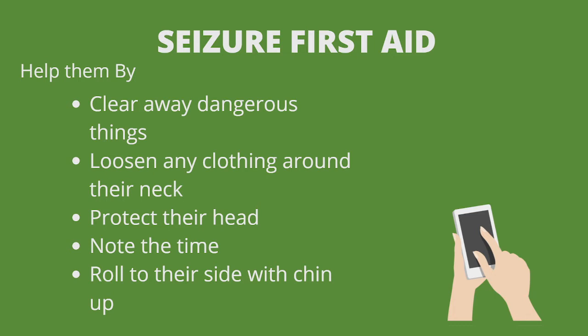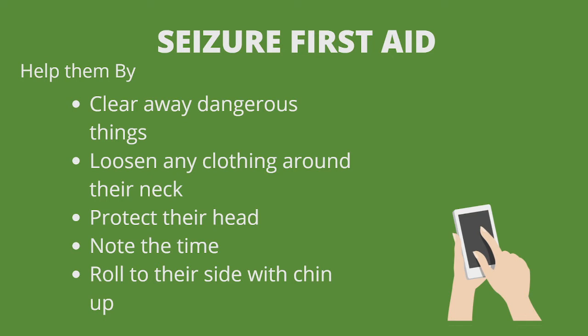Now, witnessing a seizure can be frightening, but knowledge of seizure first aid can save someone's life. So you can help them by the following. Clear away dangerous things like sharp objects or hot liquids around them. Loosen any clothing around their neck, such as a tie or a scarf, or undo the buttons of the shirt.